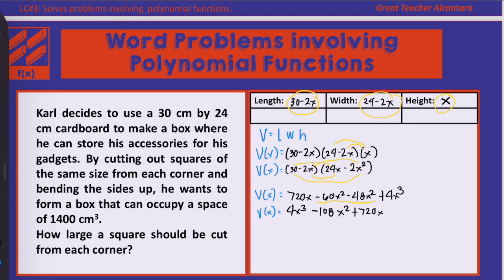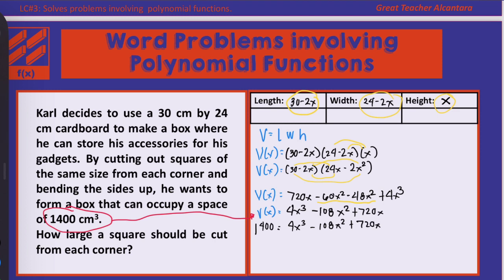Now you might be thinking, sir, what do we do now? Since we are given a value for volume, which is 1,400 centimeters cubed, you may substitute that to our function. So this will become 1,400 is equal to 4x cubed minus 108x squared plus 720x.